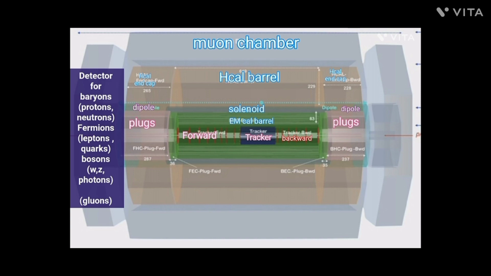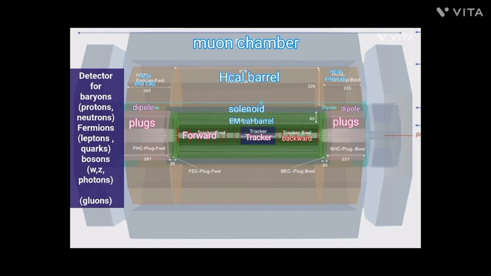Then, the next layer is the electromagnetic calorimeter barrel. The electromagnetic calorimeter barrel traps, registers and detects the charged particles like electrons, positrons, and photons. Then we have got another layer of the detection system, the hadron calorimeter or HCal barrel.